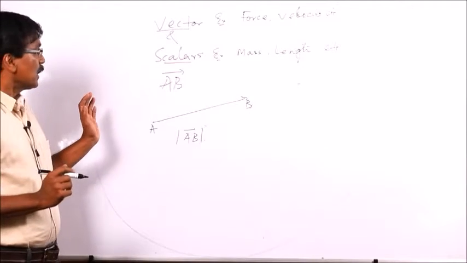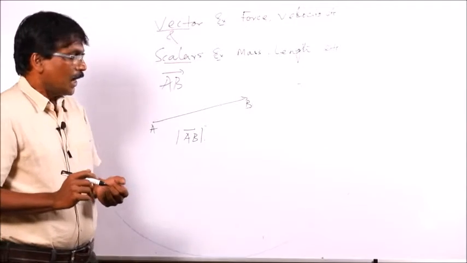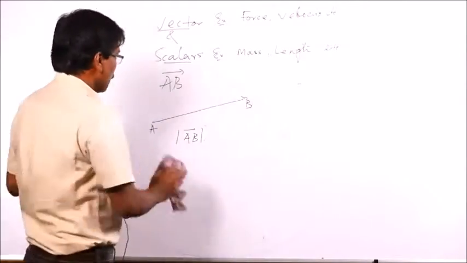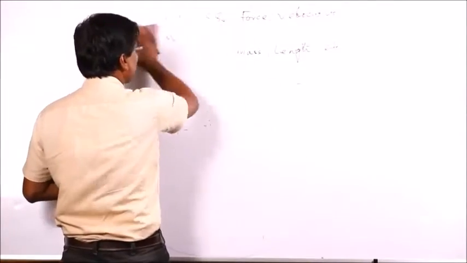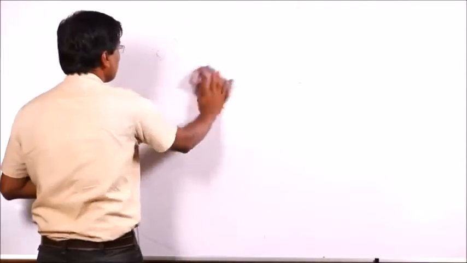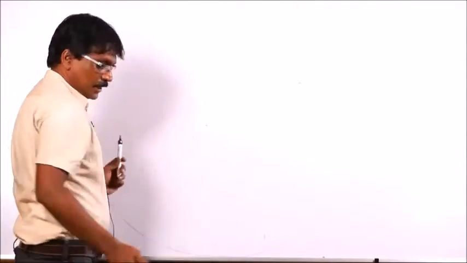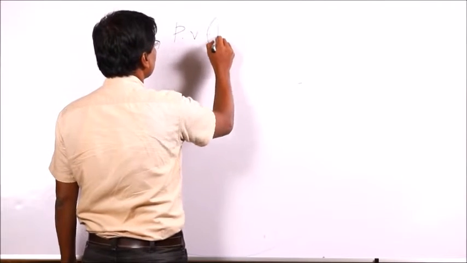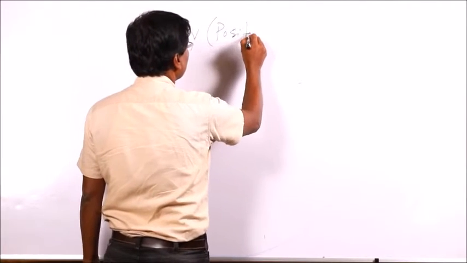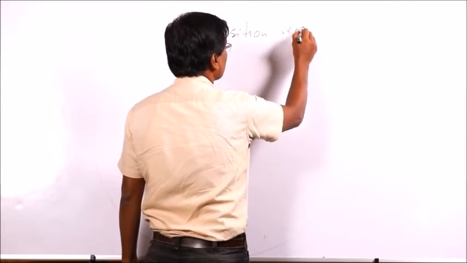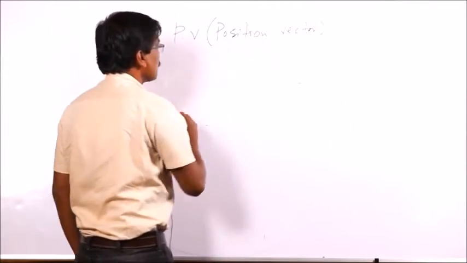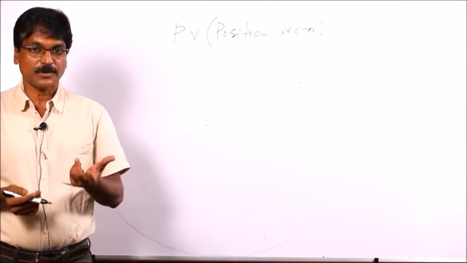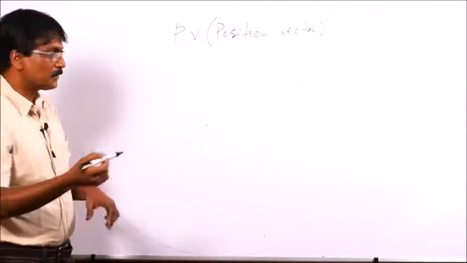Next we come to the types of vectors. The first one we call the position vector. If the origin is considered to be the initial point, then it is said to be the position vector.